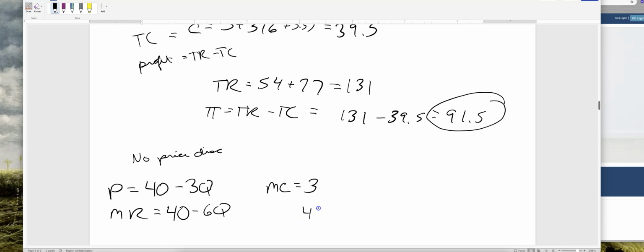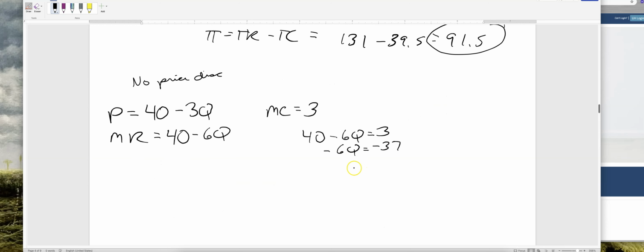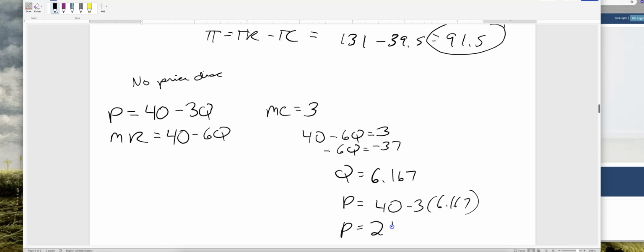Marginal cost would still equal 3. And it's just rounded to 21.5.